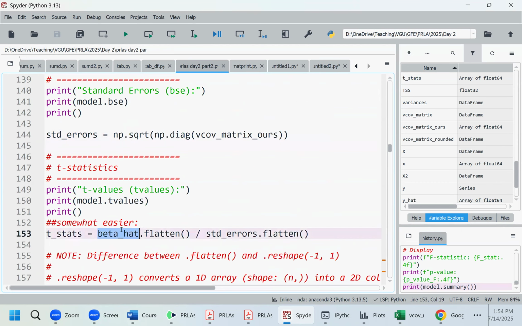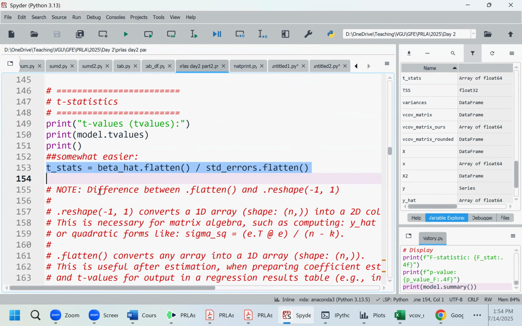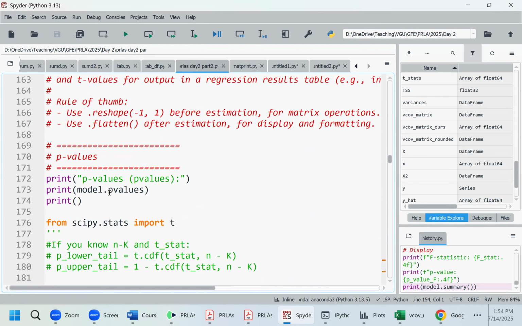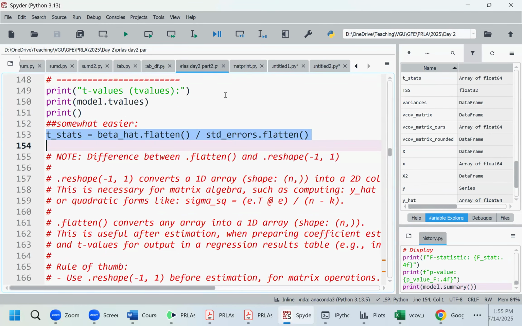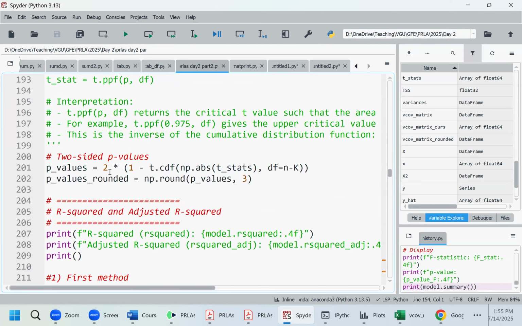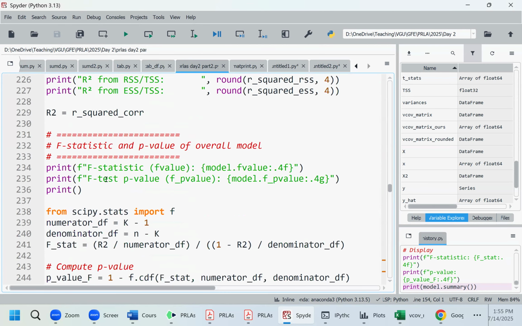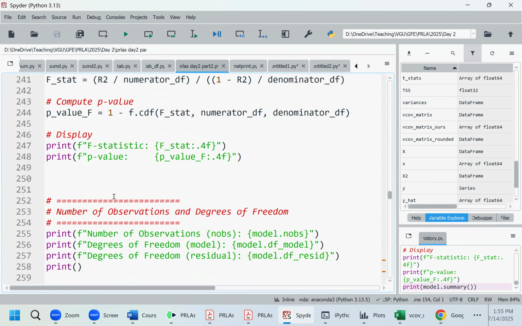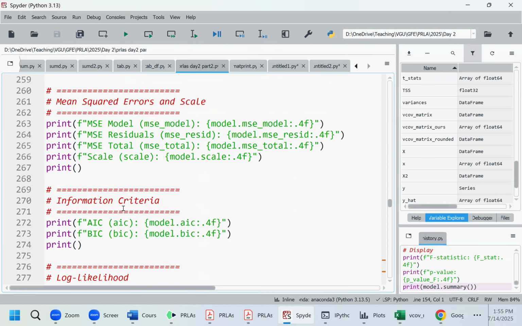The T statistic is here, right? Is that right? So now we need to compute what? We need to compute the confidence interval. Let's say how to the p-value. We already talked about that. Let's say we have the t-stats already. The r square we already did. The f test.